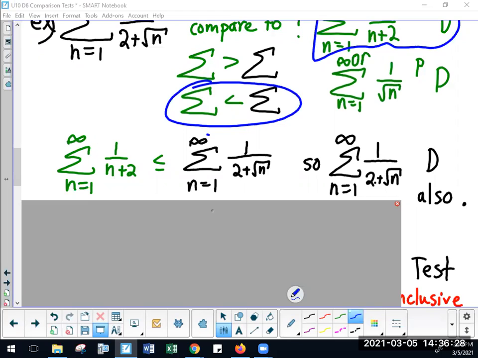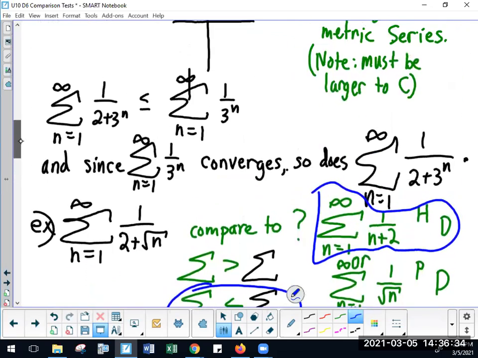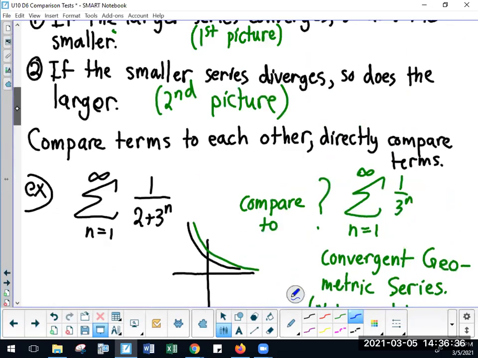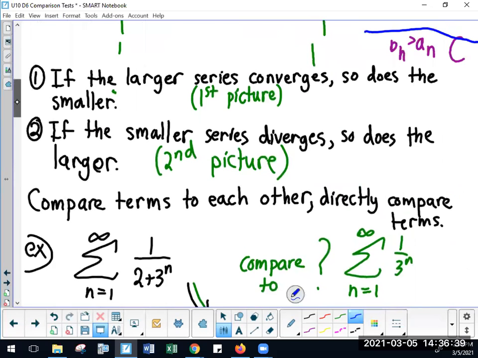Once I know that my series I'm comparing to converges or diverges, then I want to be thinking about these two statements. So if the series I come up with converges, I need that series to be larger. If the series I come up with diverges, I need that series to be smaller. If I don't, I have an inconclusive result, so I wasted my time.